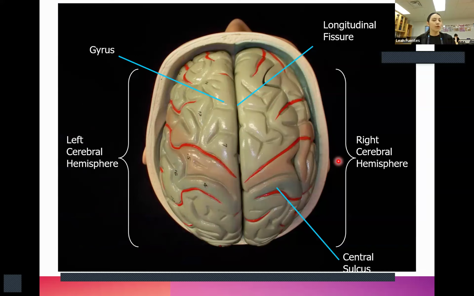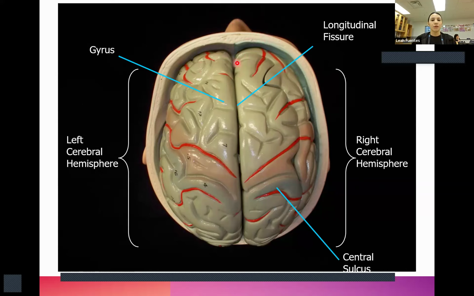Another thing to keep a note of for your exam is the view in which you're looking at the brain. As you can see here, this model is like a cut view of an open skull, I guess you could say. You would have to identify the frontal part of the brain so that you can identify the right and left hemispheres. So we can see over here in this model, here is the nose, so we know that this is the front or anterior of the model.